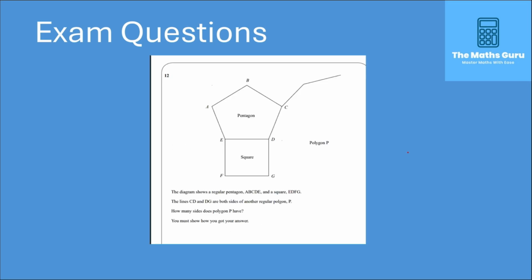Looking at question number 12, it says the diagram shows a regular pentagon ABCDE and a square EDFG. The lines CD and DG are both sides of another regular polygon. How many sides does polygon P have? You must show how you got your answer.